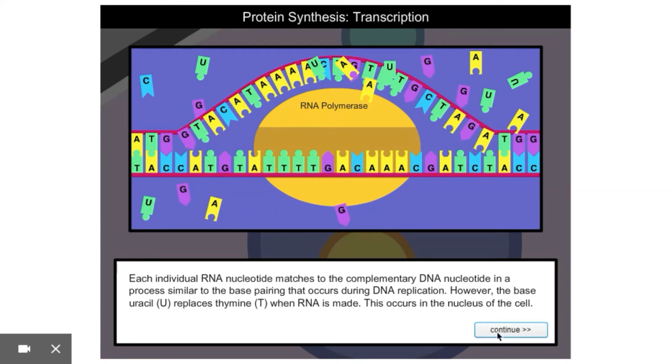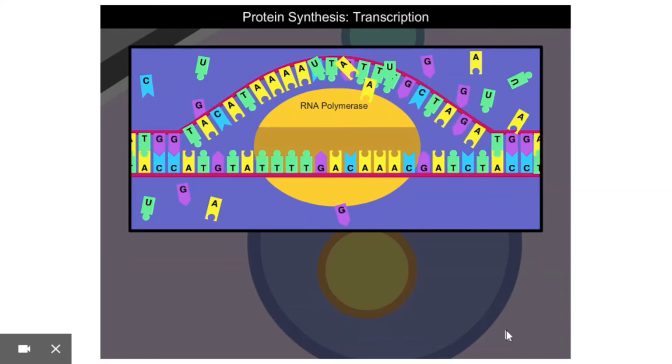If we look at a strand of DNA, it's a double strand. What happens when we're about to make mRNA is a certain section of this strand, called a gene, unzips. And when this happens, an enzyme called RNA polymerase is able to bring in nucleotides of RNA and join them up with the complementary bases on the DNA.